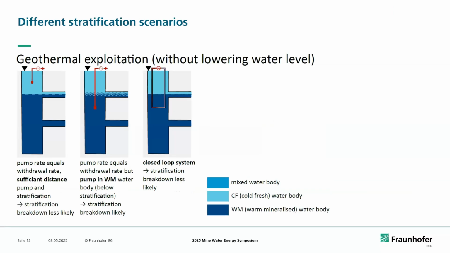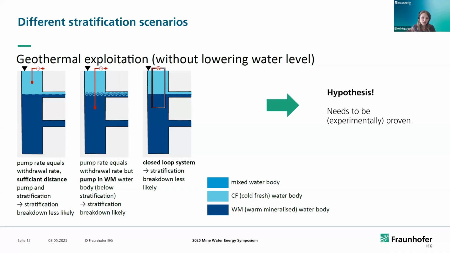Okay, and now, finally, we come to geothermal exploitation without lowering the water level. And these are just some thoughts, some hypotheses, because we need to experimentally prove if these ideas are correct.